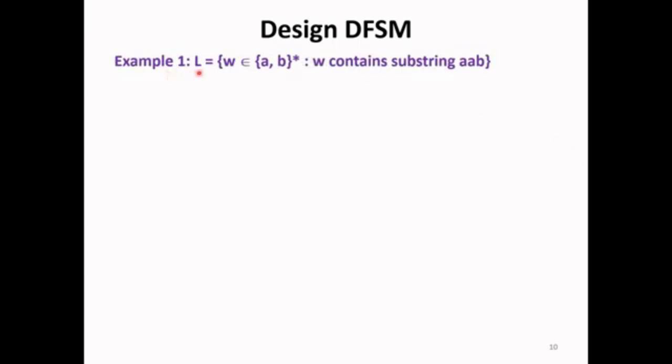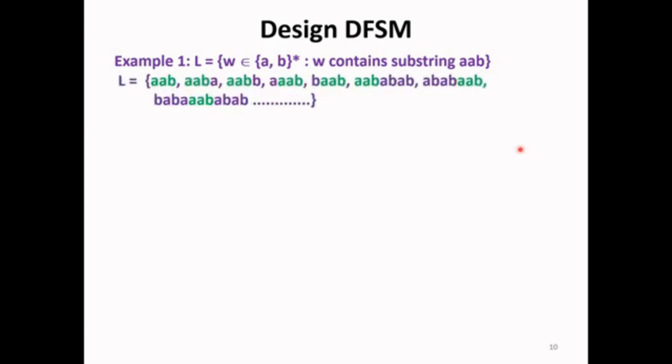The language containing all possible strings of A's and B's, that is, the alphabet is A, B, and the string W contains substring AAB. That is, all possible strings will be having a substring AAB in them. Let us see some possible strings in this language.